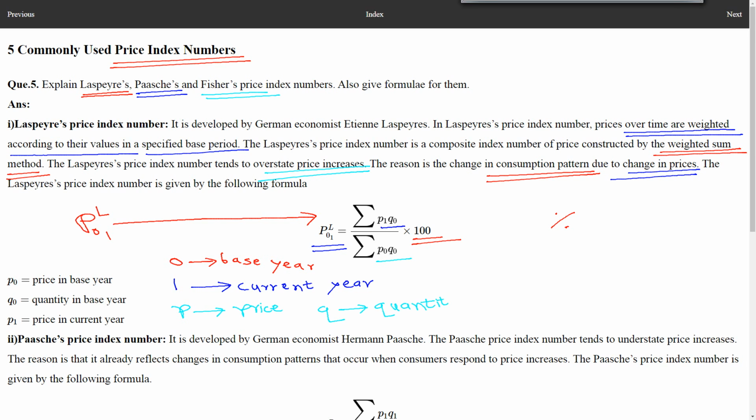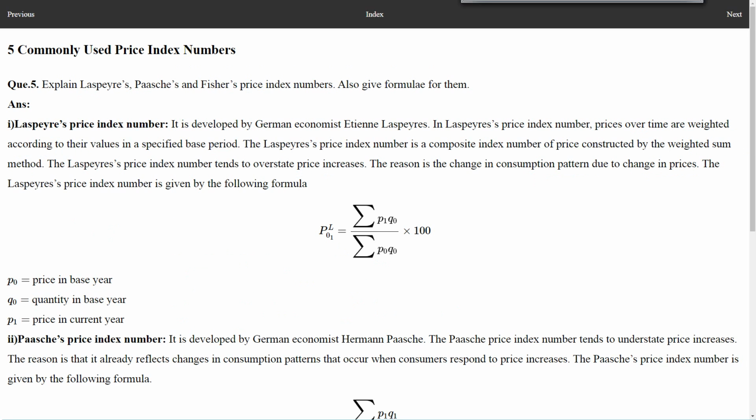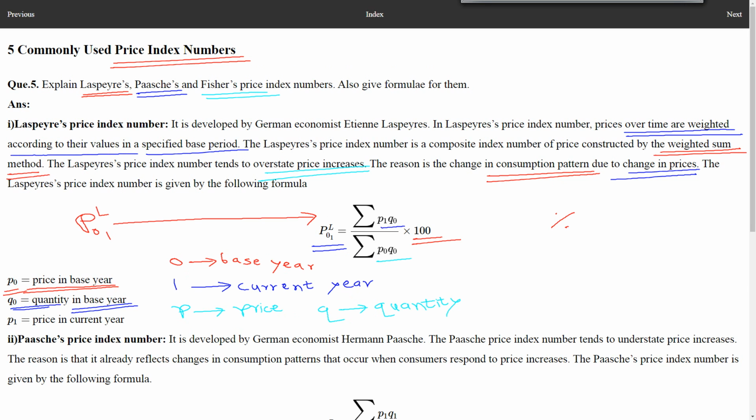P0 denotes price in base year. Q0 denotes quantity in base year and P1 denotes price in current year. So if you take into account all these notations, it becomes clear what the Laspeyres price index number formula gives.